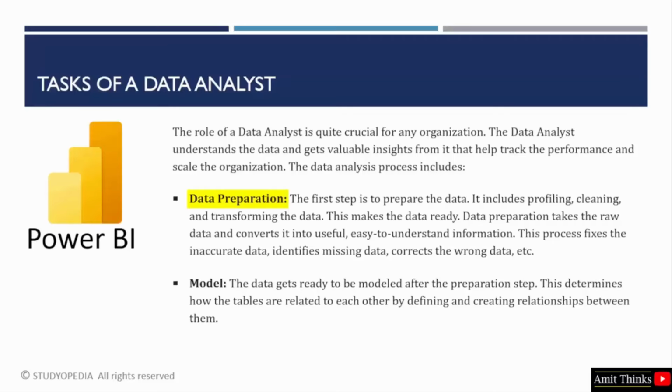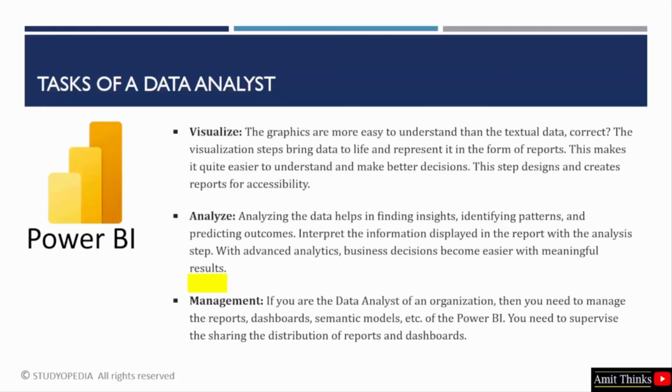That's it. Then the second step includes model. So your data is now ready to get modeled after the first step, that is the data preparation step. Now this step determines how the tables are related to each other. This is done by creating relationships between them. Then comes visualize.